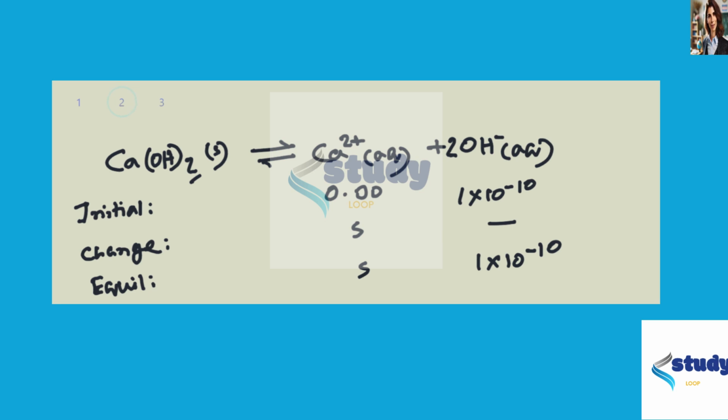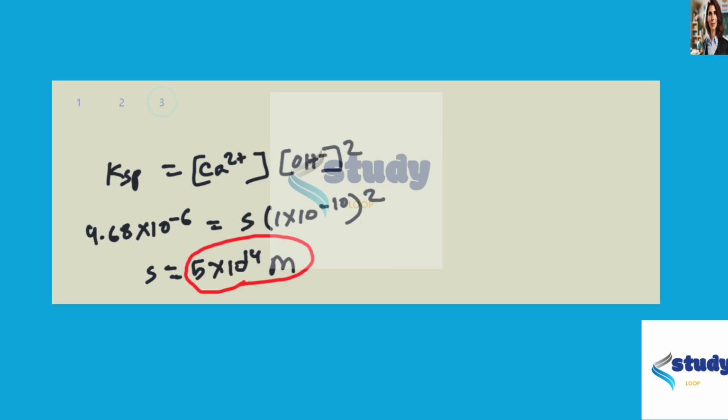Then if we go again to the dissolution reaction for calcium hydroxide, these values will remain the same for pH 7 also. We just need to change the hydroxide ion concentration to 1 times 10 to the power minus 7. Finally, in the Ksp equation we will have all values the same, except that we change the hydroxide ion concentration to 10 to the power minus 7.